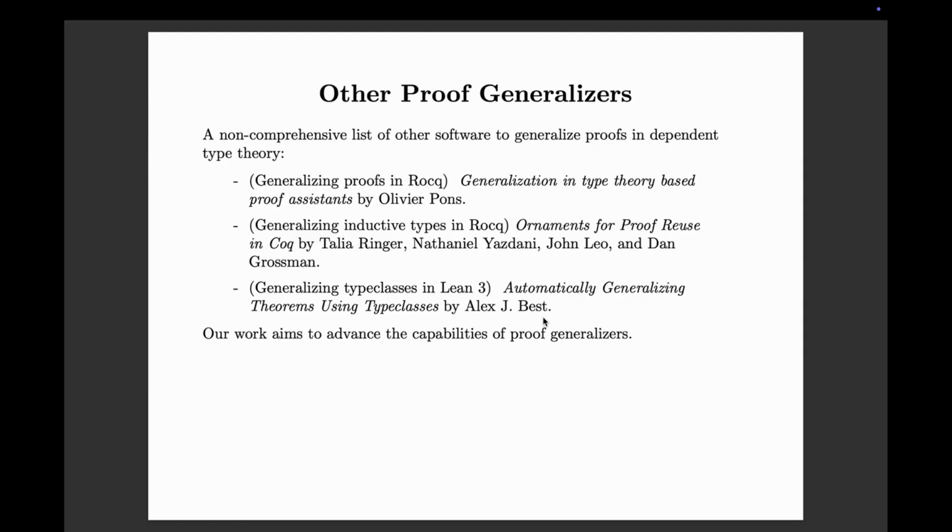And Alex Best has created a program that generalizes type classes in Lean. So for example, if there's a proof that has the type class commutative group attached to it, but the proof works for any group, then this program can generalize the type class in that theorem to just group. So our work is in this vein of proof generalization algorithms.